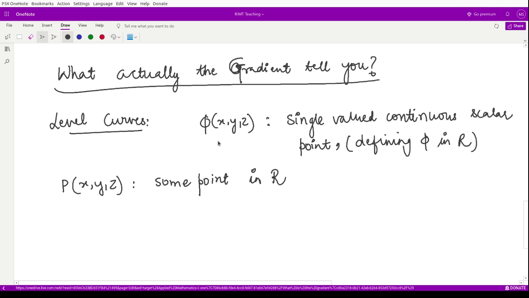So we have one surface, we have one scalar point function, right? And we have one point.